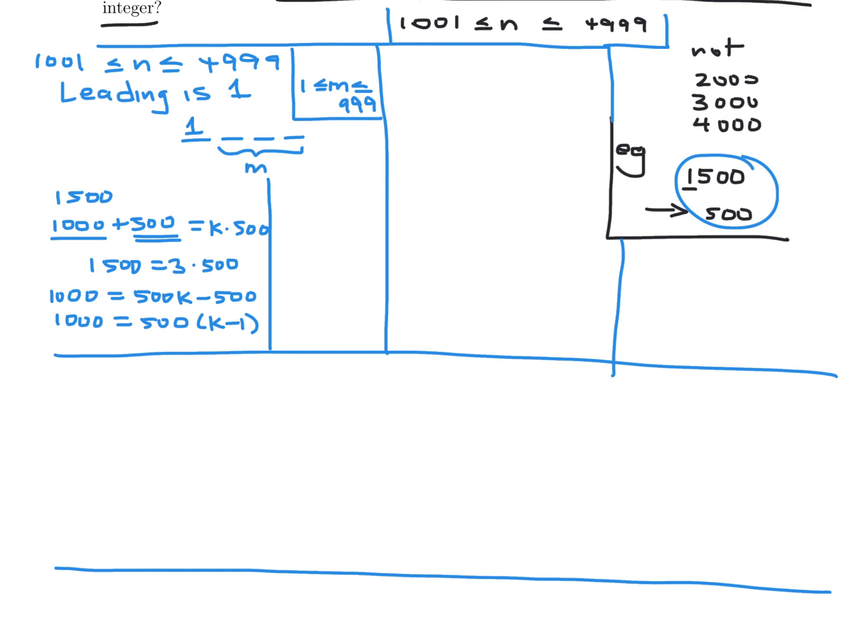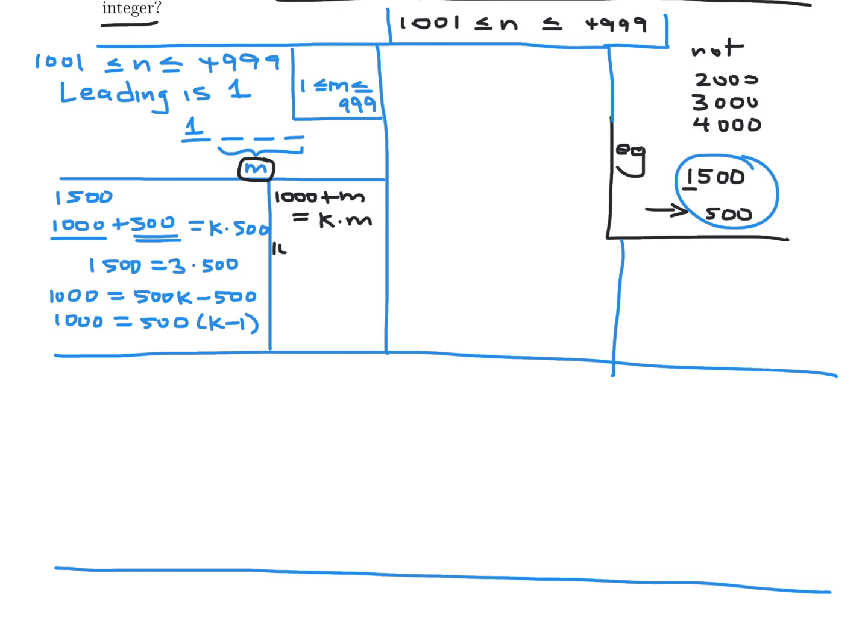Okay, that's great. But I want to have some kind of a formula for all numbers. So, for example, for all of these m's. So it's going to be 1,000 plus m is equal to k times that m, right? Doing the exact same thing, but this time just for all m.